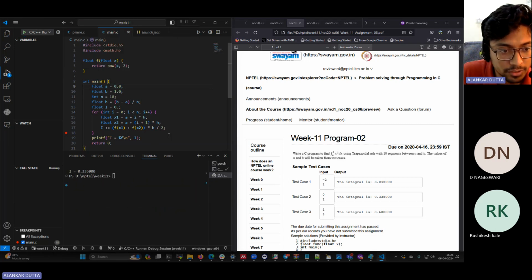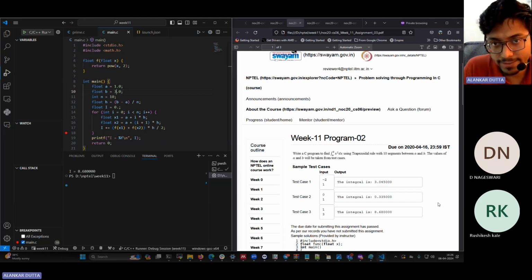So let's compile and run this code again, and fair enough, you have something like 0.335500, and the last one, which is between 1 and 3. So it's 1 and 3. And let's run this, and we have something like 8.68, which matches.